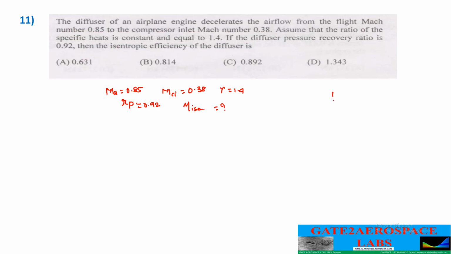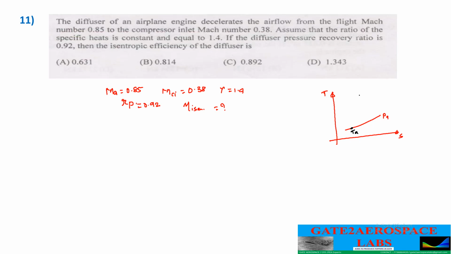First of all we will see the cycle. This is the atmospheric pressure. This is the TS diagram, and the static temperature is this one, TA, and the flow through the diffuser is basically an adiabatic process.